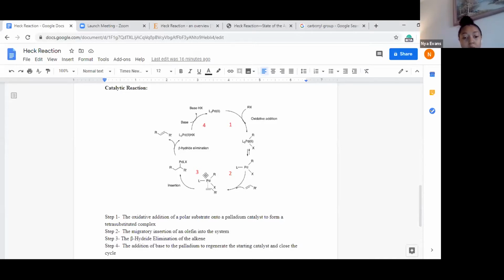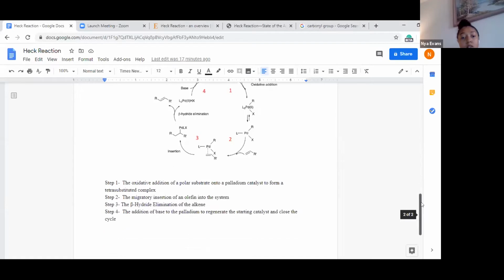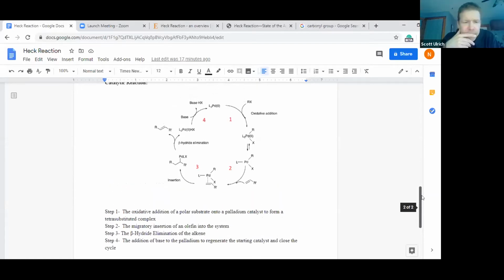Then in step three, you have the beta hydride elimination of the alkene. And then in step four, you have the addition of base to the palladium to regenerate the starting catalyst and close the cycle. And that's the Heck reaction.